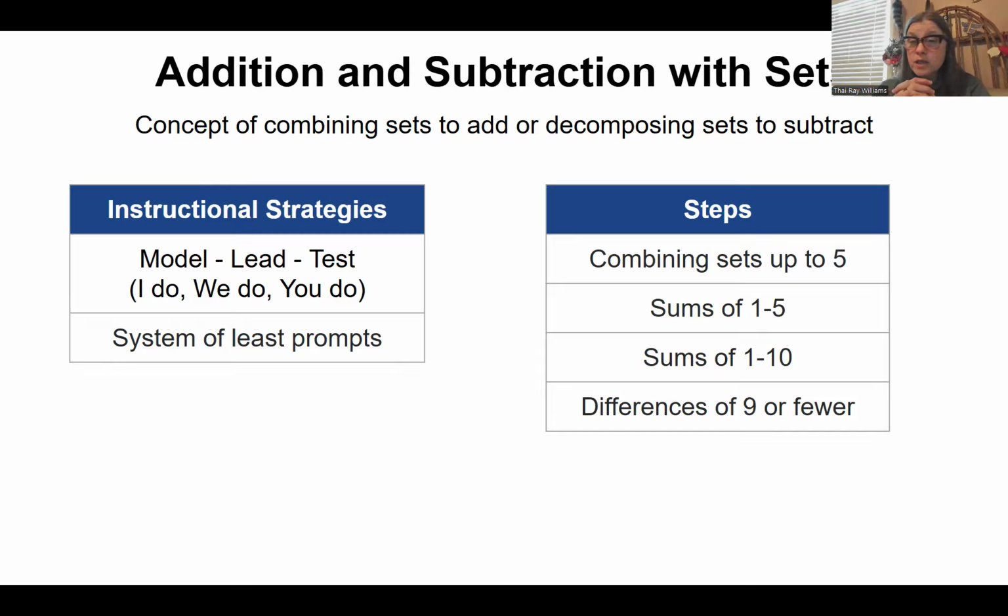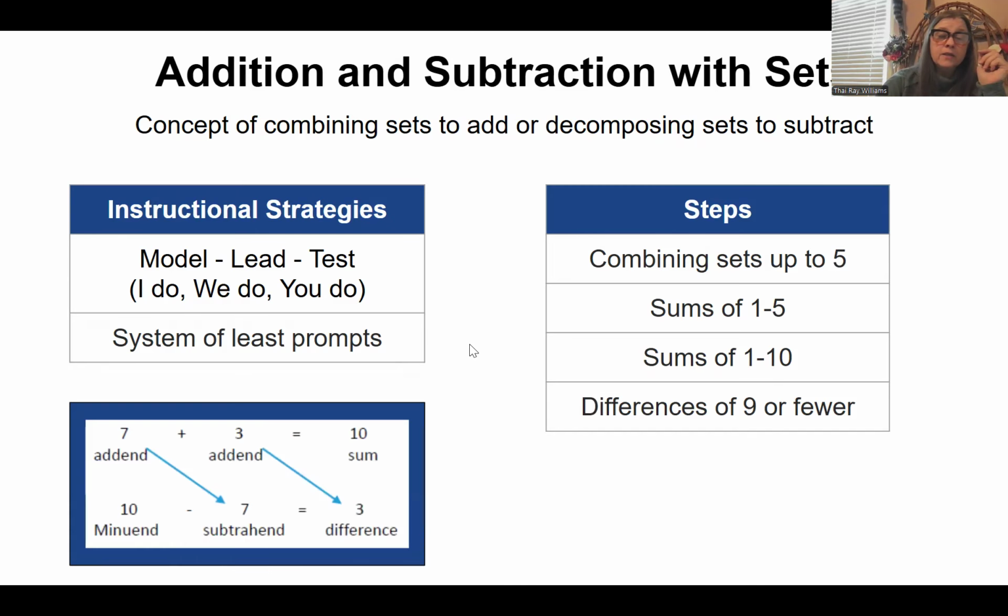Then we would move to sums of 10, 1 to 10, and then we would move to subtraction. It is not until you've done addition that we would then teach subtraction. And so we would work on differences of 9 or fewer. And here's just an example so that you can see why we teach addition first. Number one, it's an easier concept to teach that we're adding to.